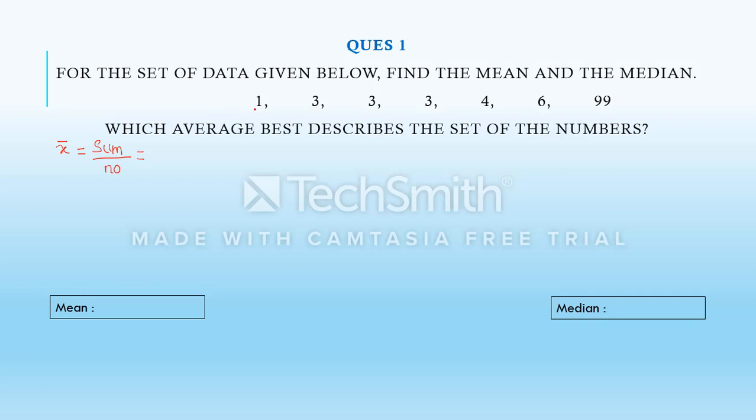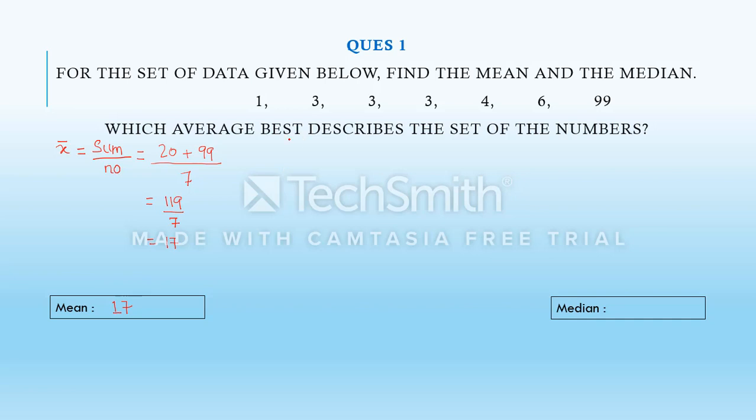Adding up these values will not be very difficult. 1 plus 3 plus 3 plus 3 plus 4 plus 6 plus 99, which actually gives us a total of 20 plus 99, divided by the total number of values, in this case 1, 2, 3, 4, 5, 6 and 7, which brings us to the answer of 119 divided by 7, which is equal to 17 when simplified. So that brings us to the value of mean as 17.